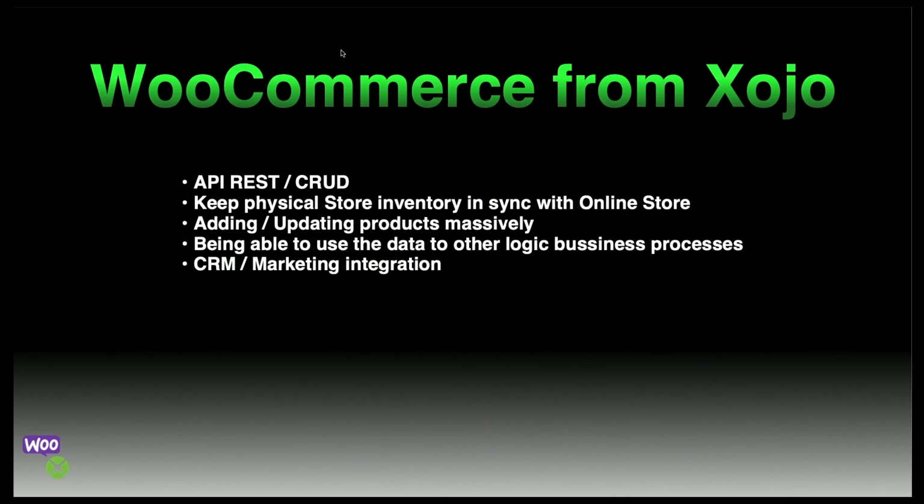For example, one of the use cases is to keep the physical store inventory in sync with the online store, and it handles it really quickly, adding or updating or creating new products in a bulk manner. So if you want to add 100 products to your store, you simply can do that from your Xojo app, press the button, and it's done.